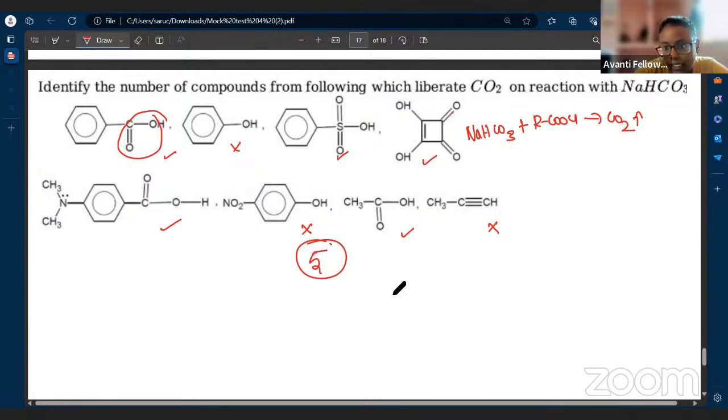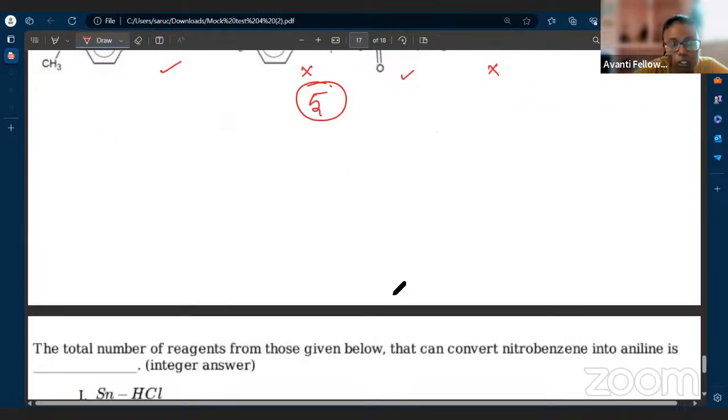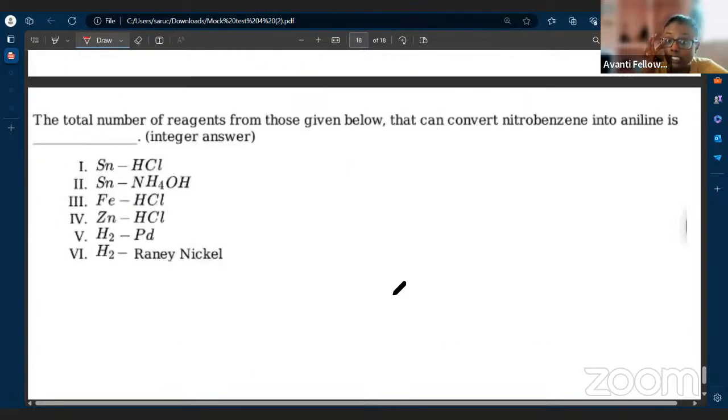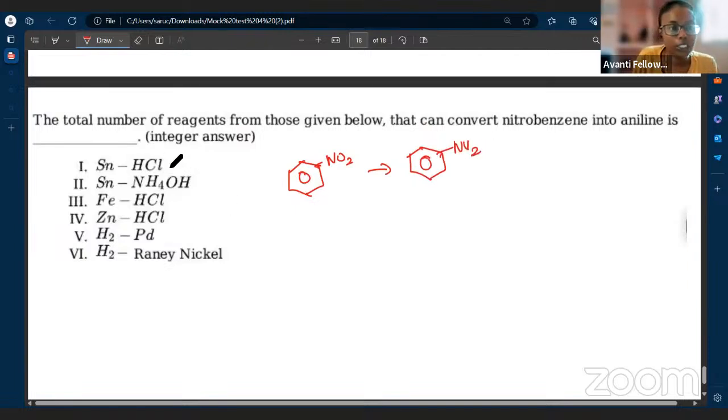And the next one: the total number of reagents from those given below that can convert nitrobenzene into aniline. So which one will convert nitrobenzene to aniline? NO2 to NH2. Sn/HCl, yes, it is a good reducing agent.